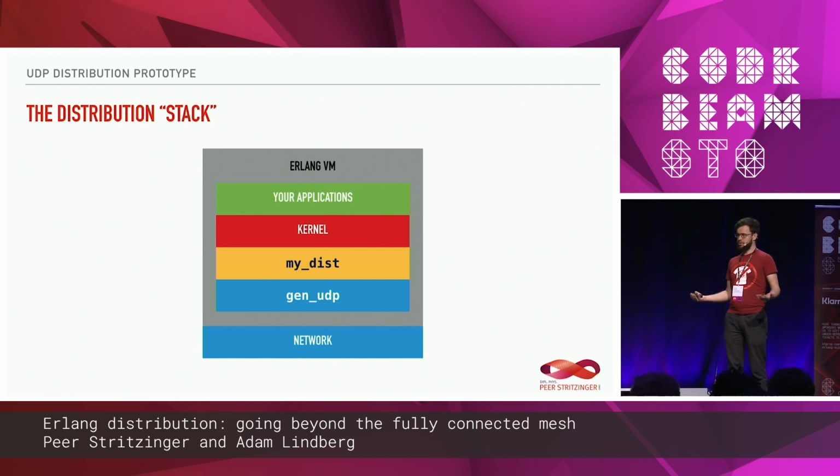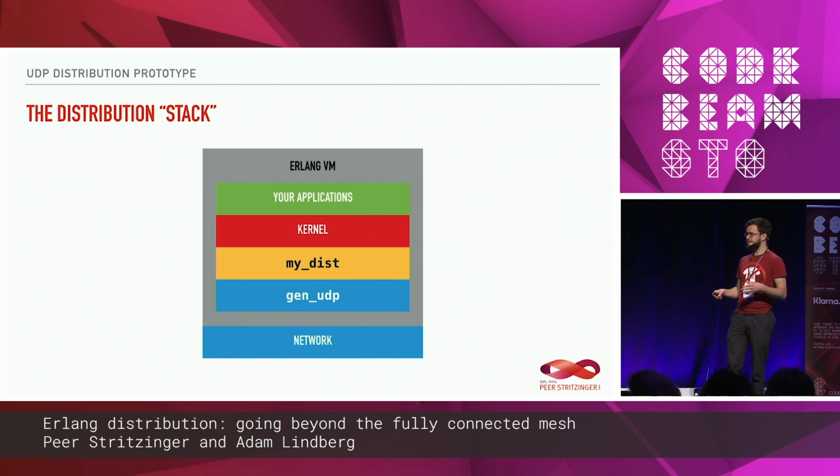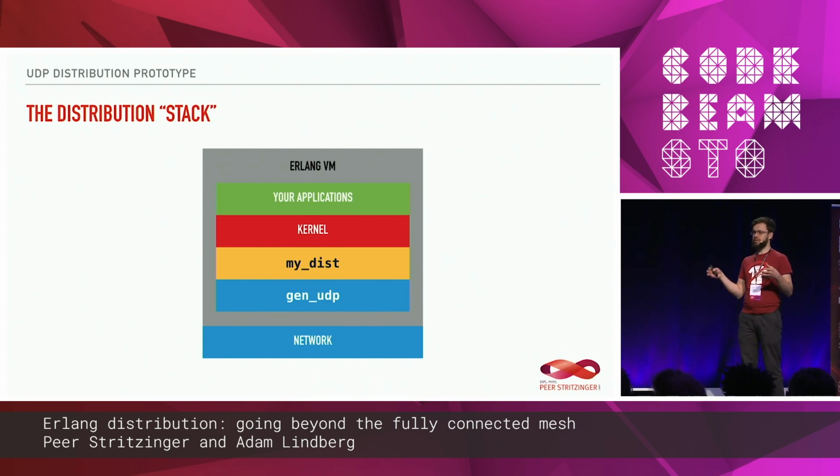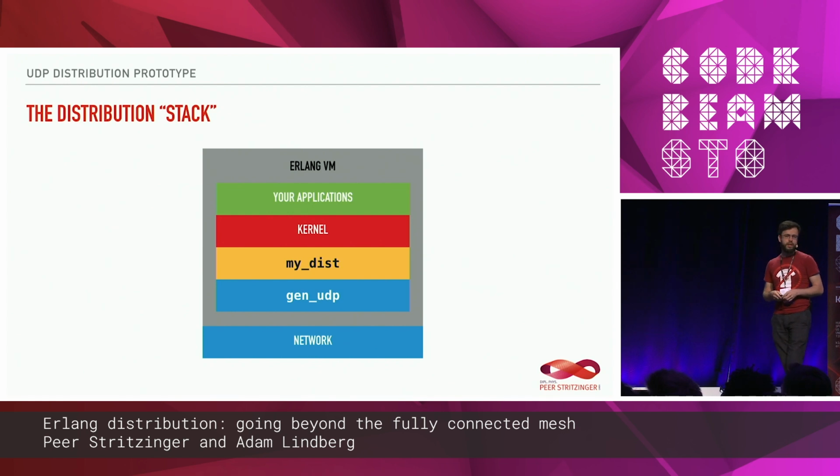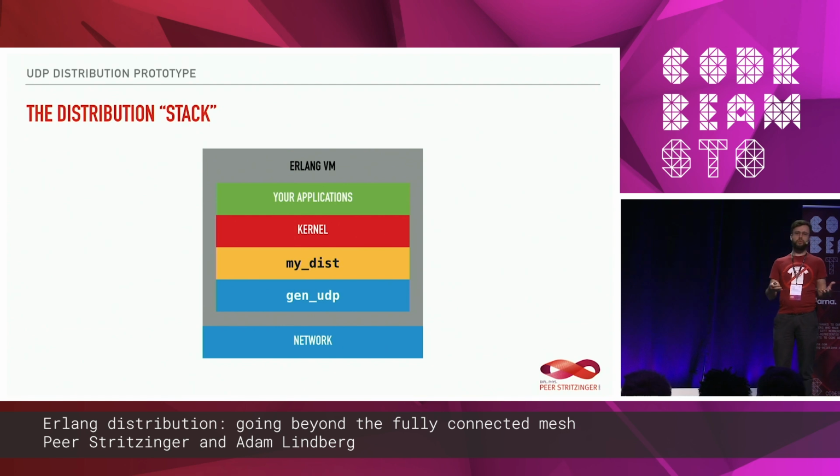So you have your applications running on the Erlang VM, normal Erlang applications, libraries, stuff like this. You have the kernel. That's the part of the VM, the very central part that starts very early and maintains some of the core Erlang features in the running VM. This is where you hook in your distribution behavior. If you override the default one, you can make a module called, let's say, mydist, and then it's up to you to implement the transport protocol. By default, with Erlang distribution, you have TCP, if you use it out of the box.